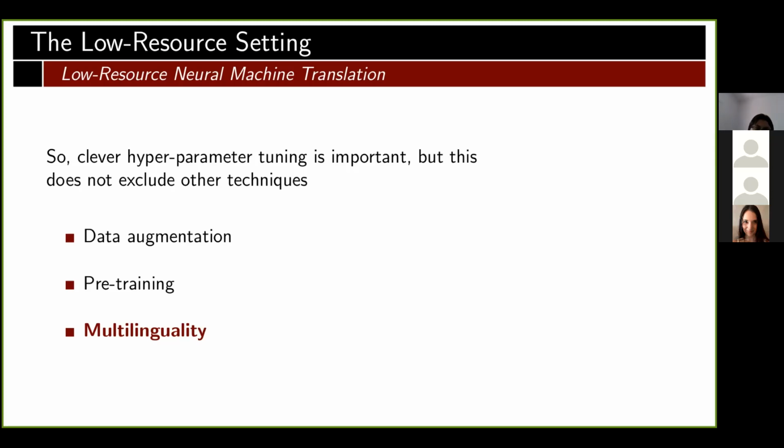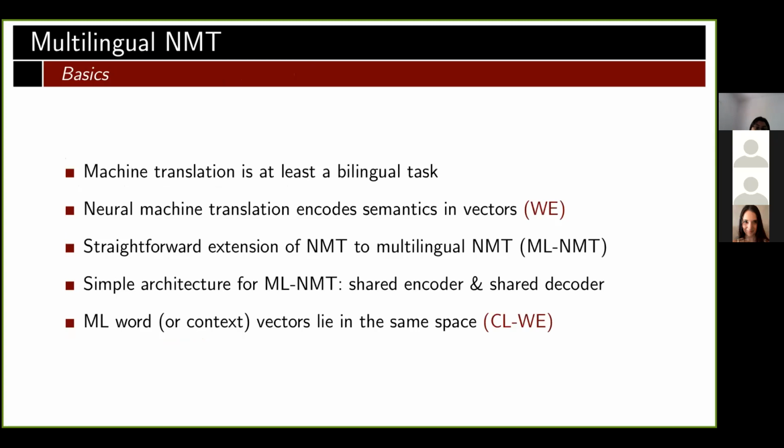This is something that we will talk about later. And you can also approach your low resource problem via multilinguality. And this is the thing that I want to talk about in the following. What happens in multilingual supervised systems, and how can we use multilingual systems to improve low resource machine translation?